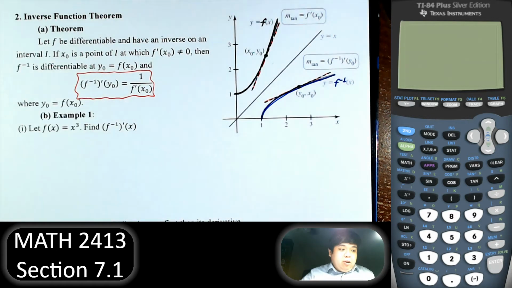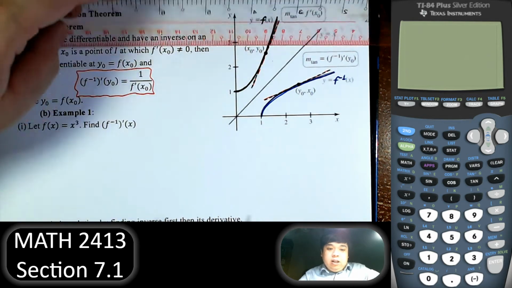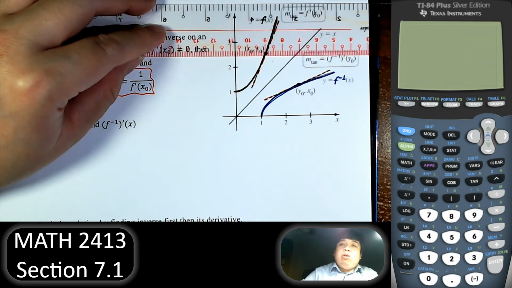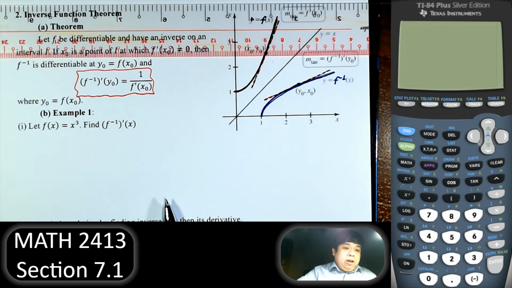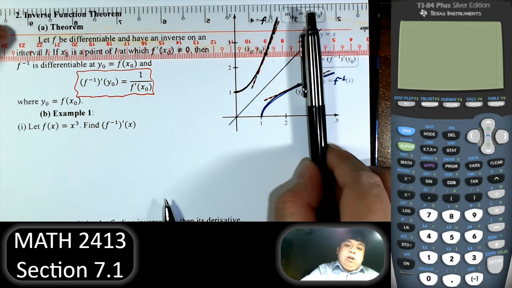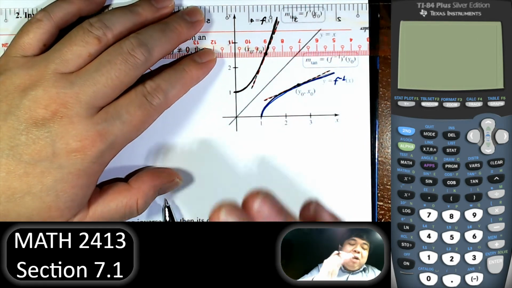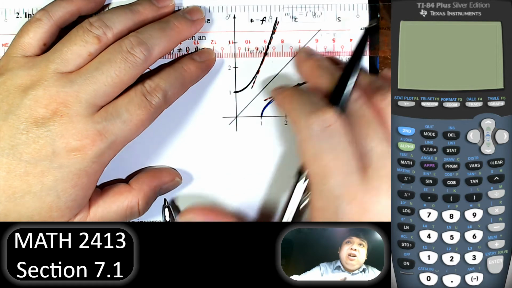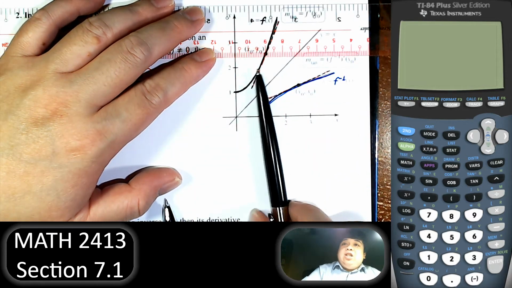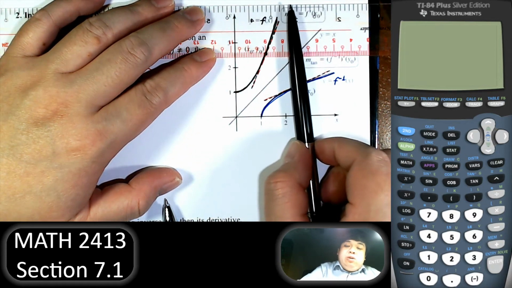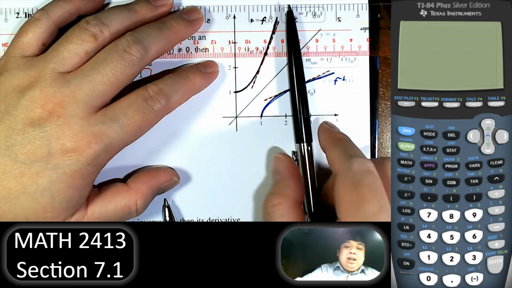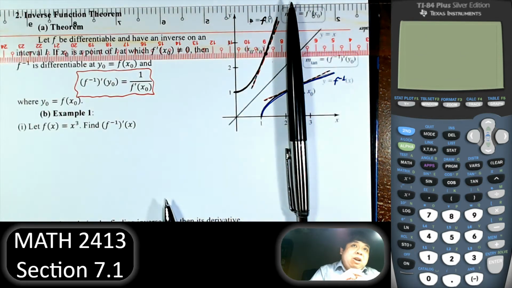So of course, if we have a horizontal tangent line for the function, the tangent line for the inverse will be vertical. And if it is vertical, the derivative does not exist.